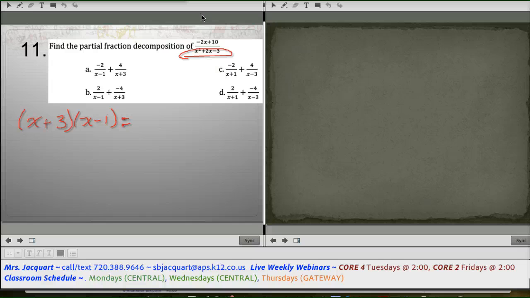So I have negative 2x plus 10, all over x squared plus 2x minus 3, equals A over x plus 3, plus B over x minus 1.